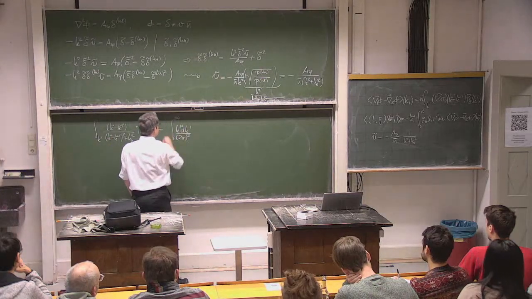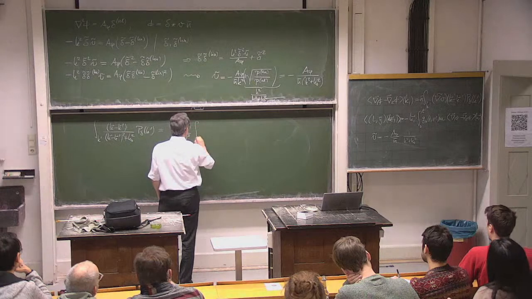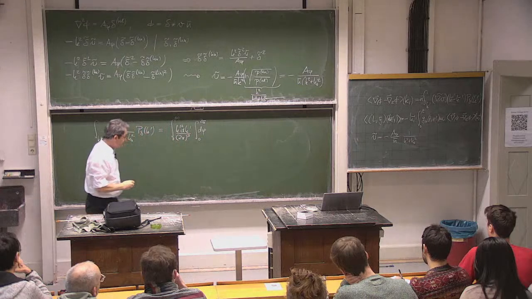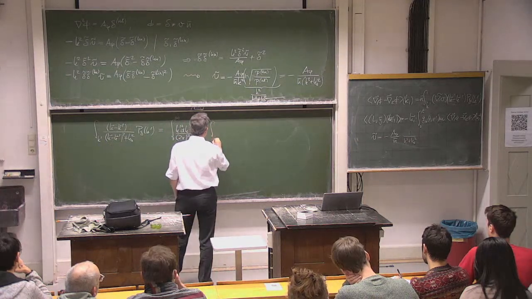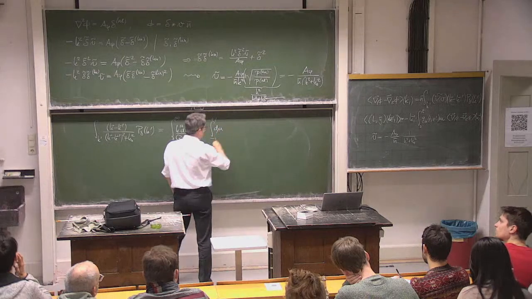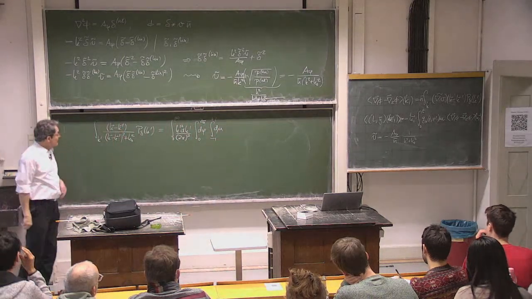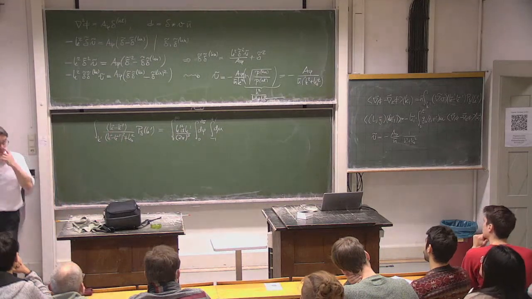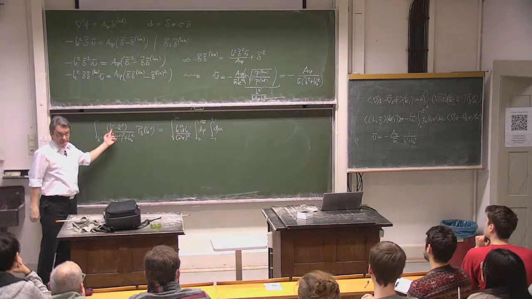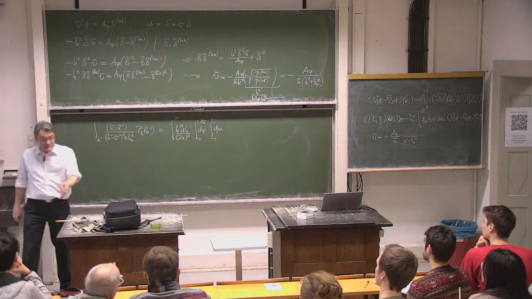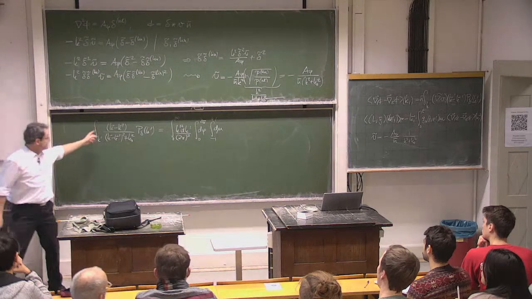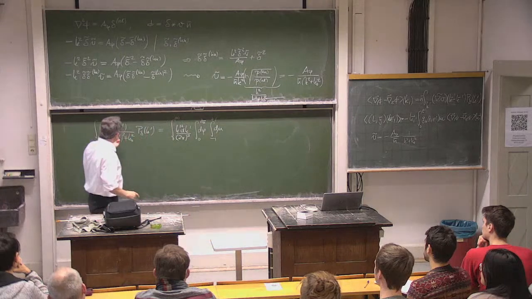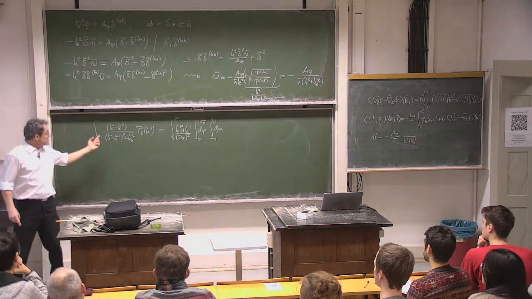This goes from 0 to infinity. Then I will have to integrate over d phi from 0 to 2 pi. Then I will have to integrate over the direction cosine. And now, since k prime is varying all over 3 space, but k is fixed, I'm introducing k as the polar axis, and then mu is the angle between k prime and k. But then I know that there must be rotational symmetry about k.